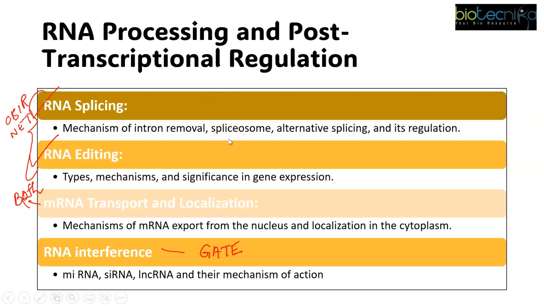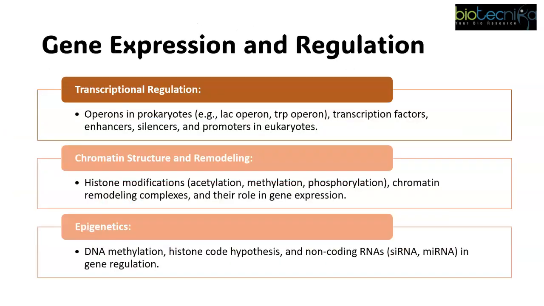There are different gene regulations happening in the cell simultaneously to make sure that there is optimum usage of resources and that only those products which are needed by the cell at that time are produced. So the next important topic is gene expression and regulation.